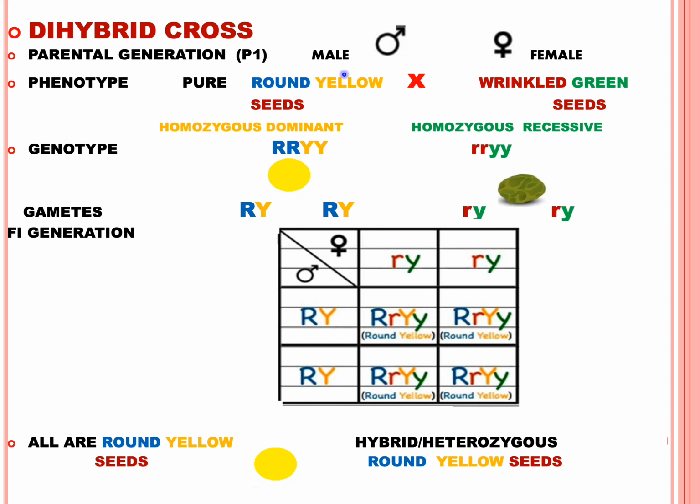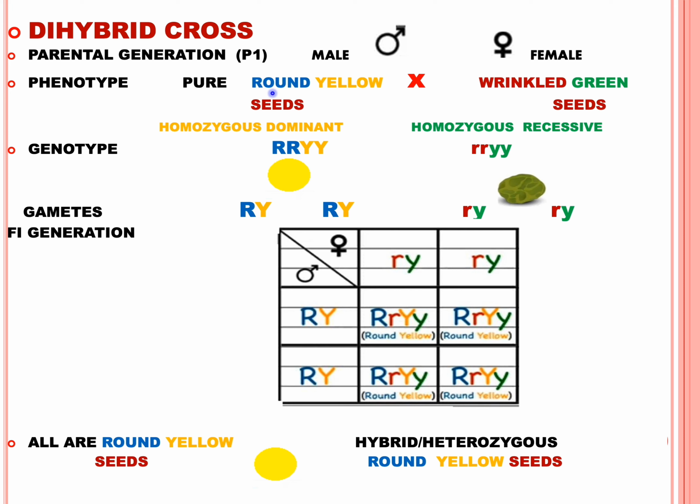He cross-pollinated the flowers of pea plants which were developed from round, yellow seeds with flowers of plants developed from wrinkled, green colored seeds.